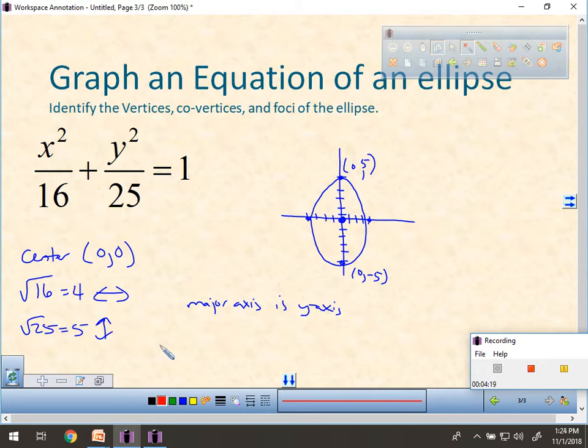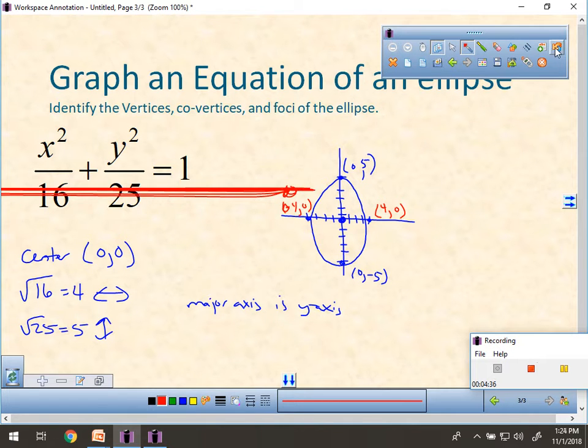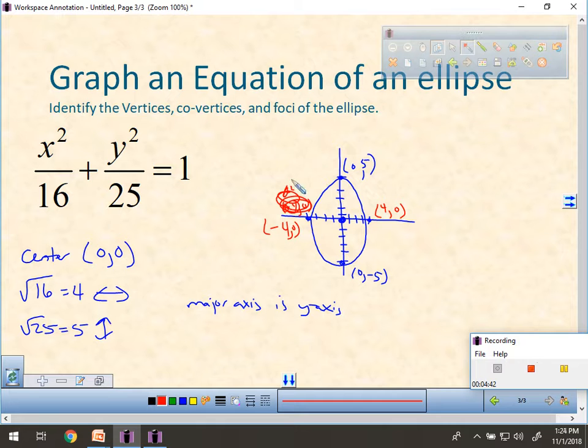My minor axis would be on the one that's shorter, and so it would be at these points 4, 0 and negative 4, 0. And so those would be my co-vertices. So negative 4, 0, and that would be that point right there. So in red, the co-vertices, in blue, the vertices.